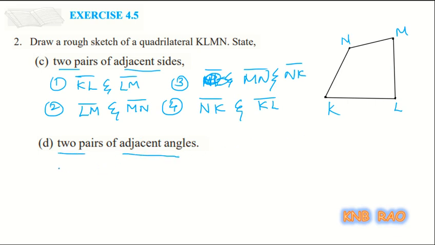There are 4 pairs of adjacent angles again. You can write any 2. Angle K, angle L is 1 pair. Angle L and angle M is another pair.